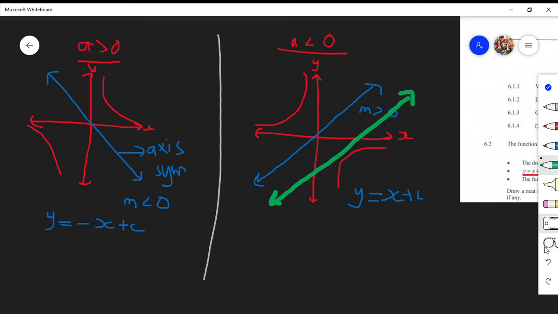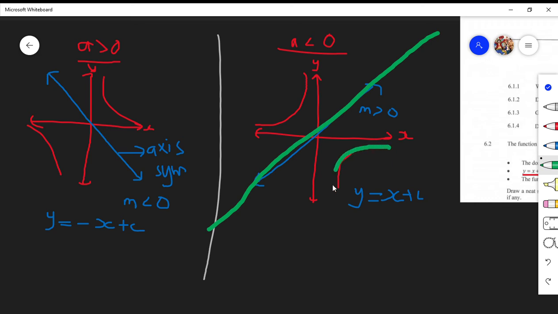So if this was a paper, and you were to fold it in half along this line over here, and you make some ink marks over here, once you fold the paper, that exact same ink marks must occupy this exact same space, just on the opposite side. Okay? And it's the same with this one here when a is greater than 0. Does that make sense?